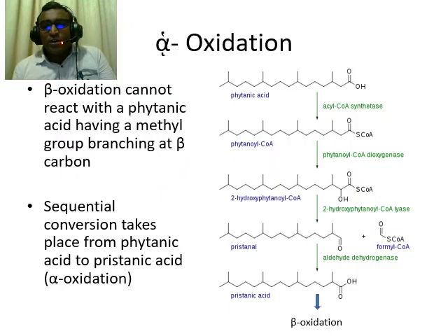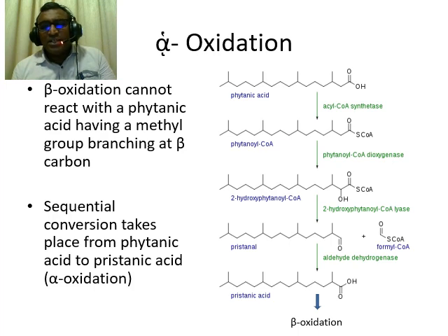Here you have another oxidation of fatty acid that is referred to as alpha oxidation. I'm not sure whether I'm pronouncing it correctly, since it's not really the symbol of alpha altogether. It has a little bit of difference in terms of the symbol, but basically we will pronounce it as alpha oxidation. Alpha oxidation looks into a fatty acid that is slightly modified, that is phytanic acid.